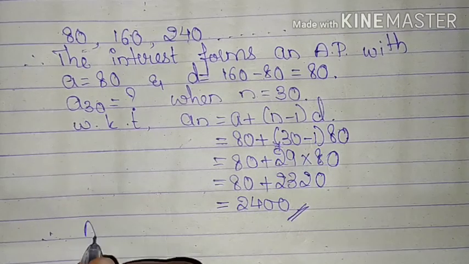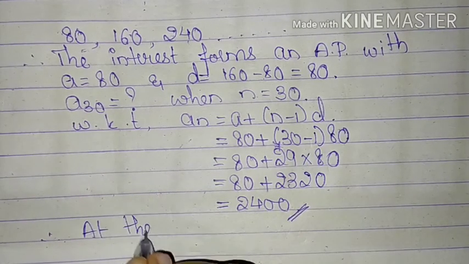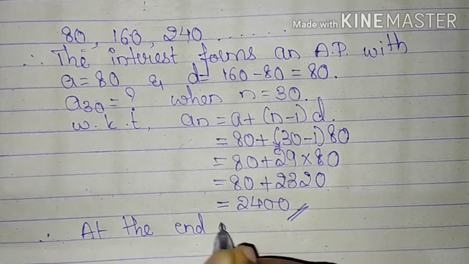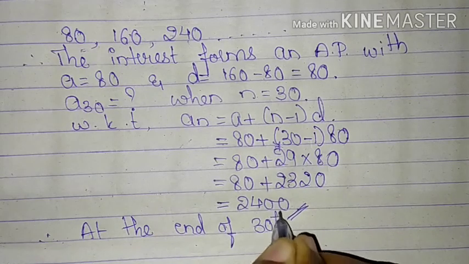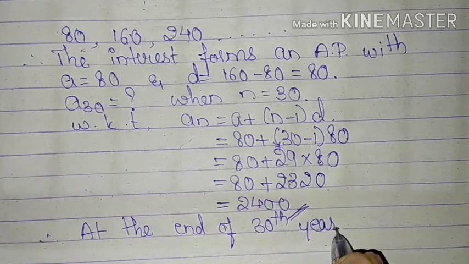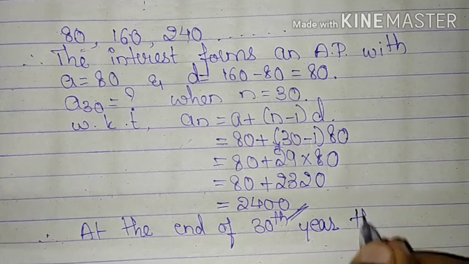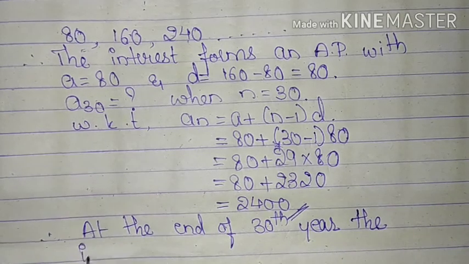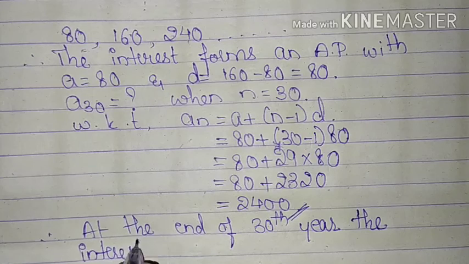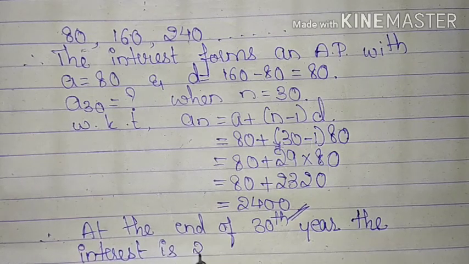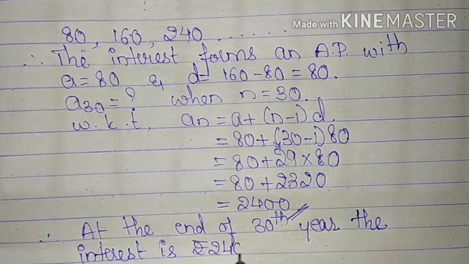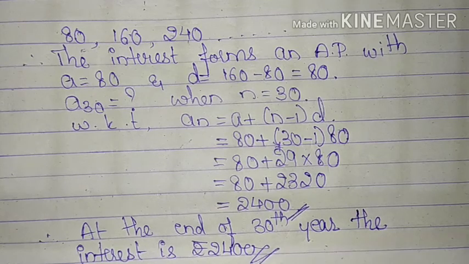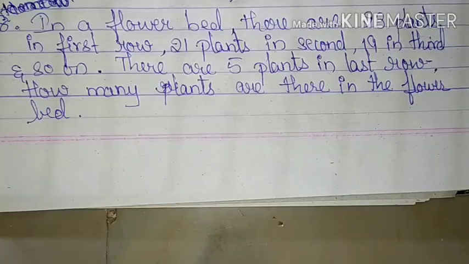Therefore, at the end of 30th year, the interest is rupees 2400.